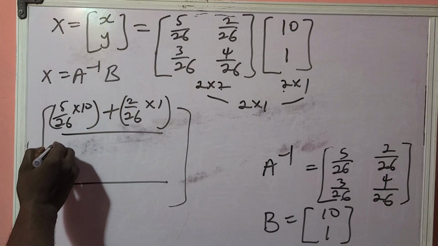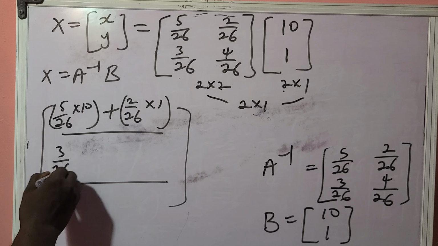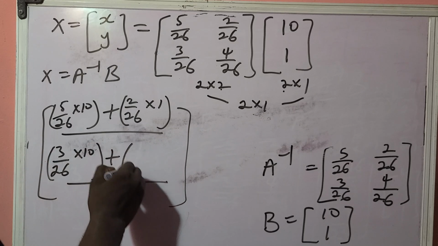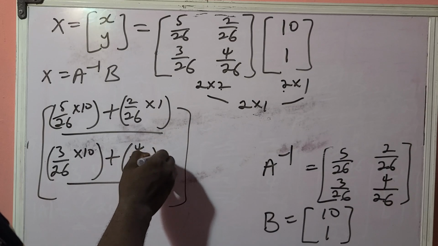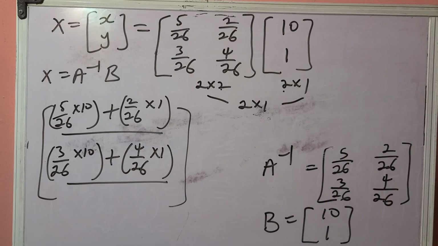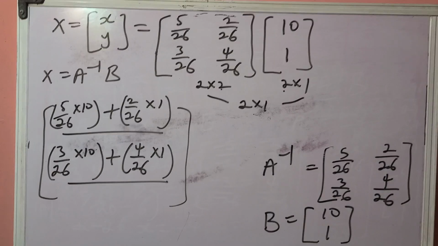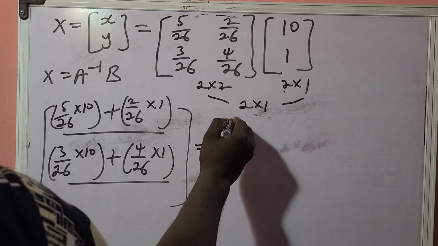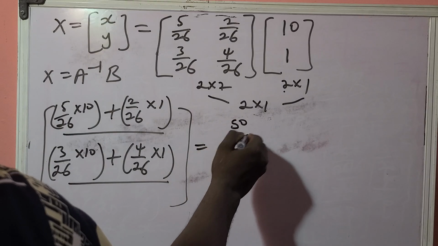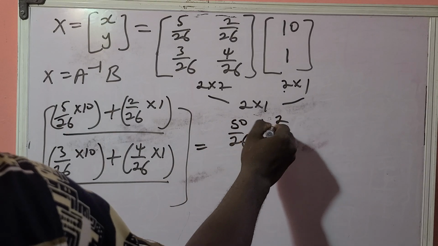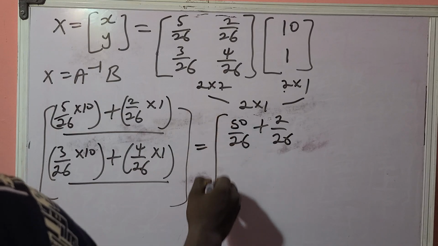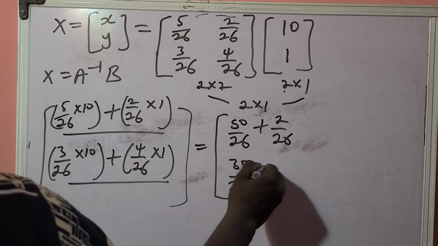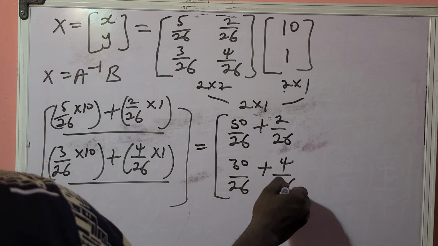And then for the other one, you will have 3 over 26 times 10 plus 4 over 26 times 1. So we have this being 50 over 26 plus 2 over 26. Then we have 30 over 26 plus 4 over 26.